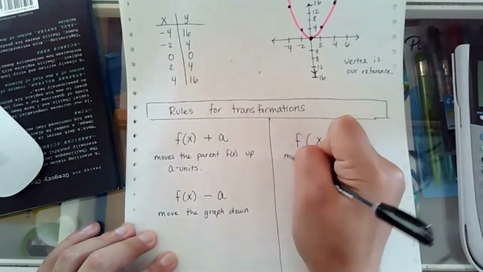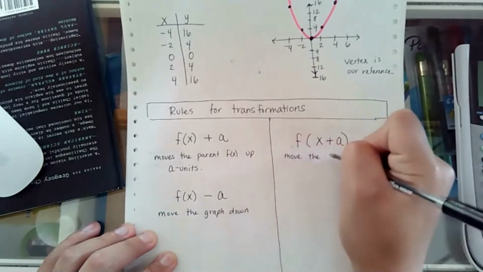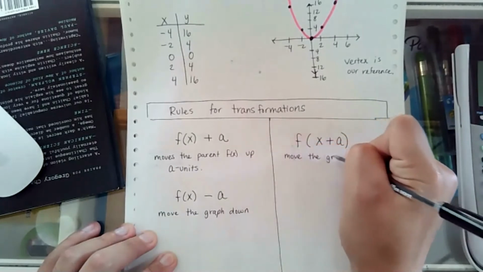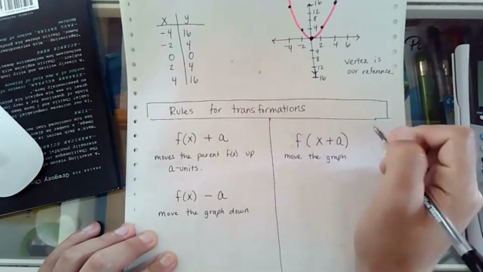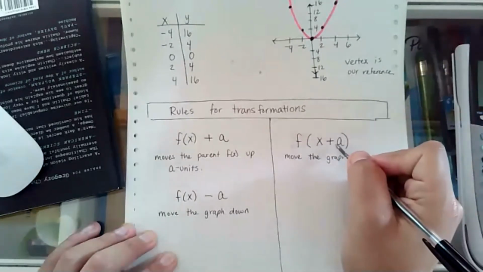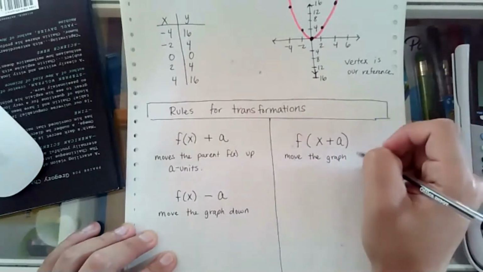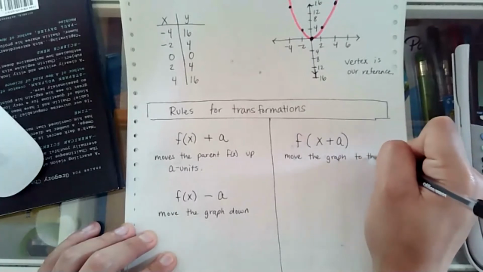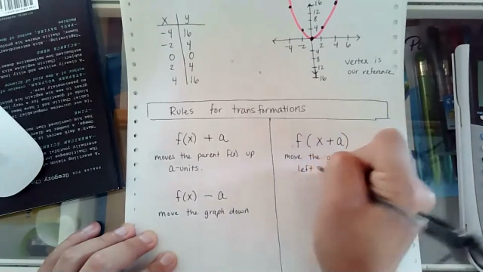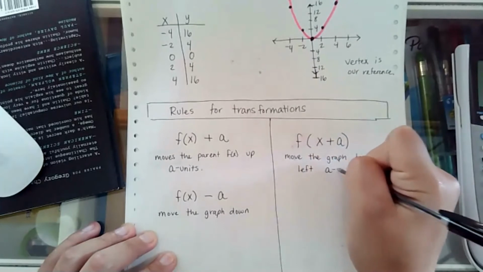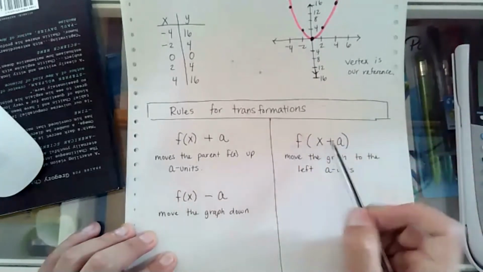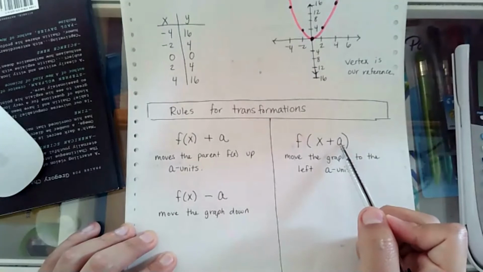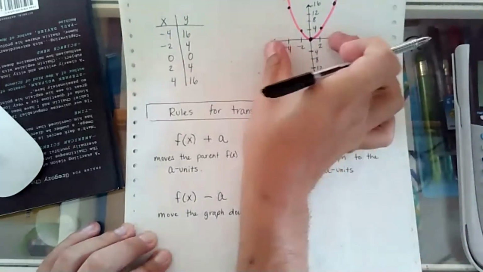This is going to move the graph of the parent function. And this one's a little bit counterintuitive. It's going to move the graph to the left, a units. So if I were to add 2 to the input, I would be moving the graph over 2 to the left.